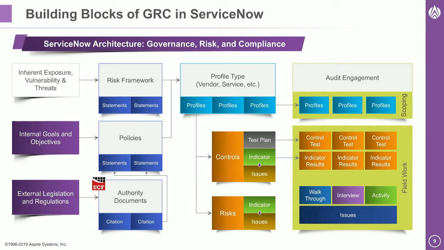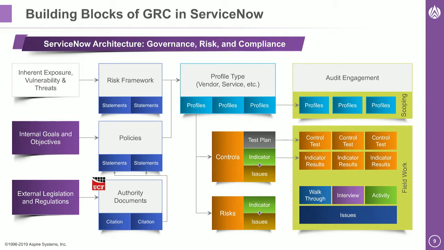With the policies also defined, we then move on to the risk framework. In the risk framework, we define the different types of risks. A risk framework will be a collection of risks of a similar kind. For example, information security risk will be one risk framework. Privacy risk can be another, and also departmental risks and business risks. All these are risk frameworks.